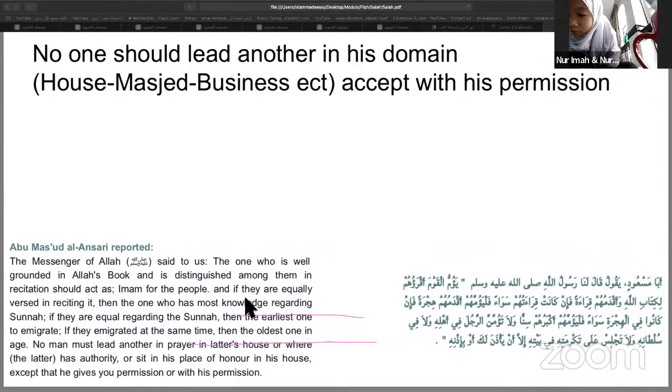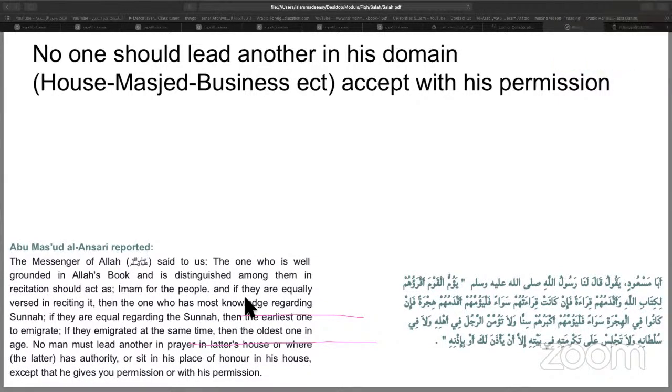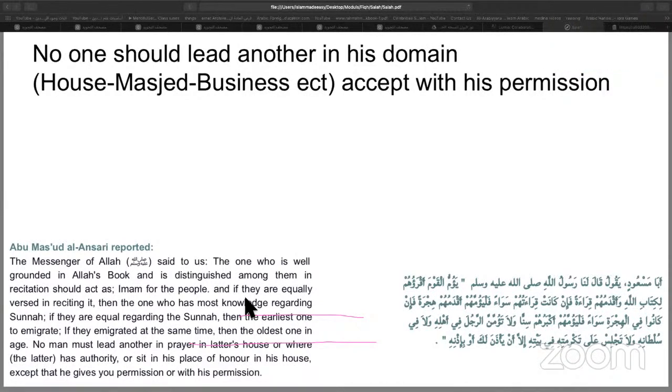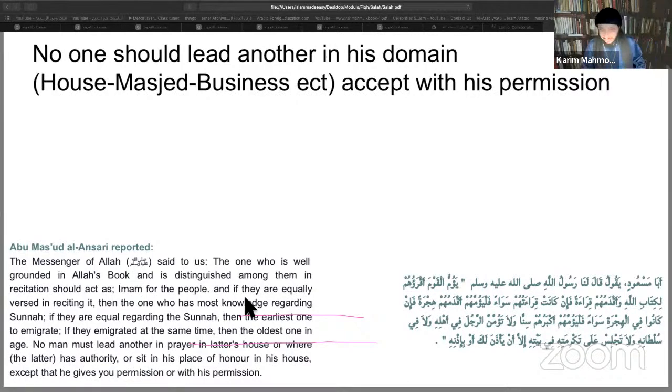No, after Fatiha. That's what I'm saying. After Fatiha you could recite whatever. Exactly. There is no minimum though. It doesn't have to be 3. It could be even 1 or 2 or whatever. There's no hadith on the 3.